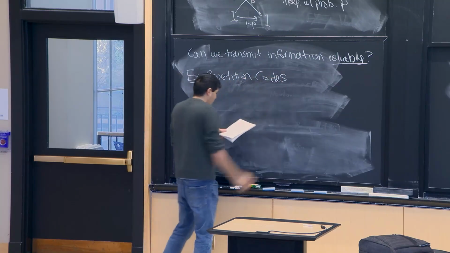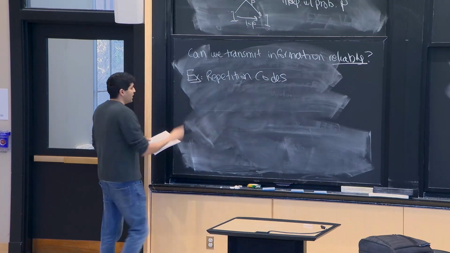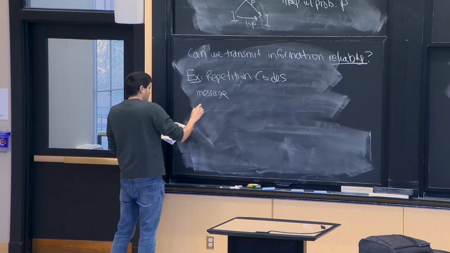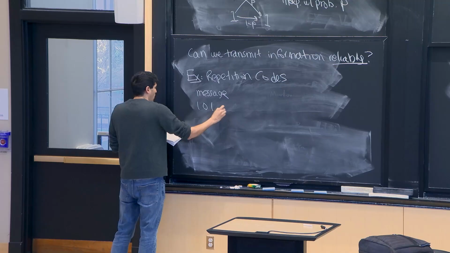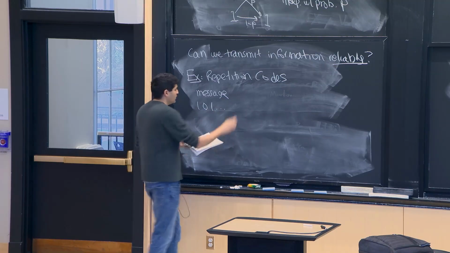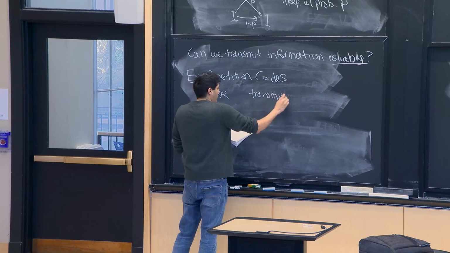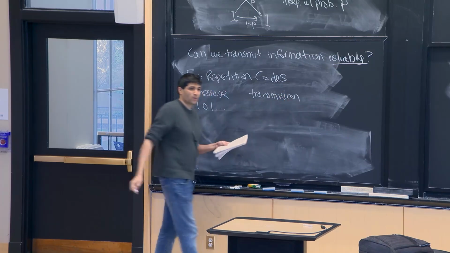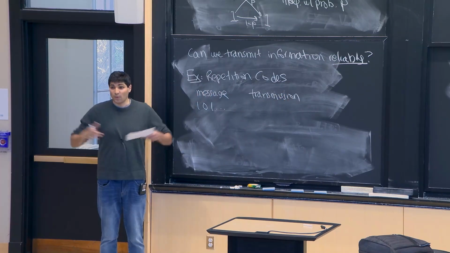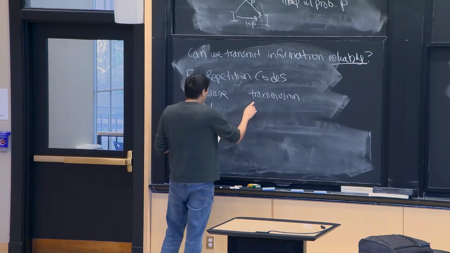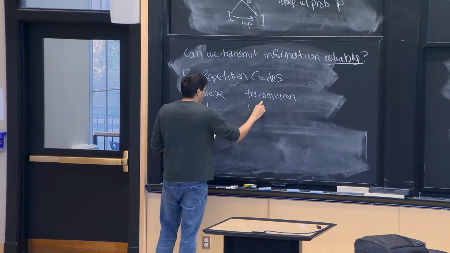So here the idea is that I take my original message, let's say it's a string of zeros and ones. And for what I'll transmit along the channel, I'm just going to keep repeating each input bit a certain number of times so that, even if some of them get corrupted, maybe it's okay.